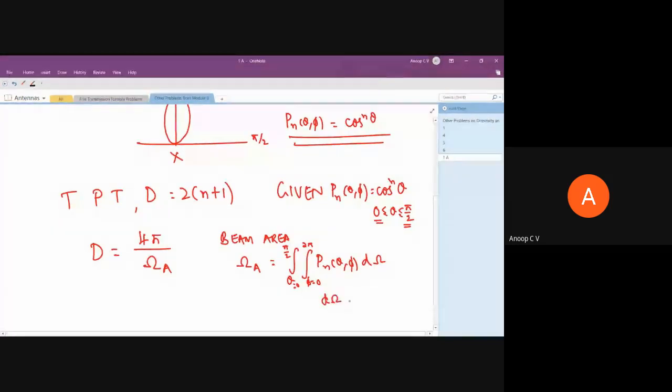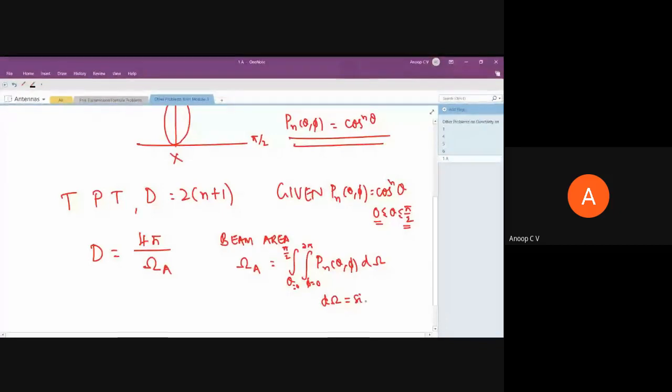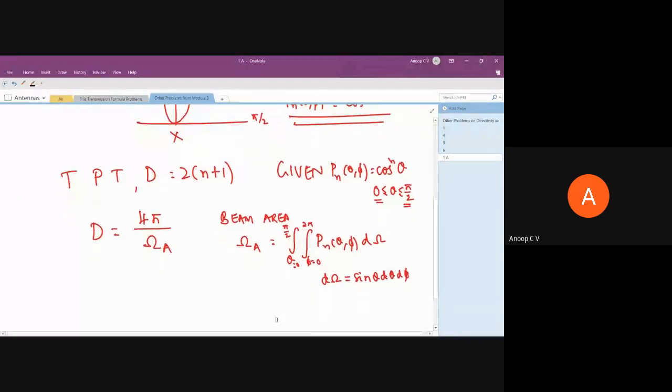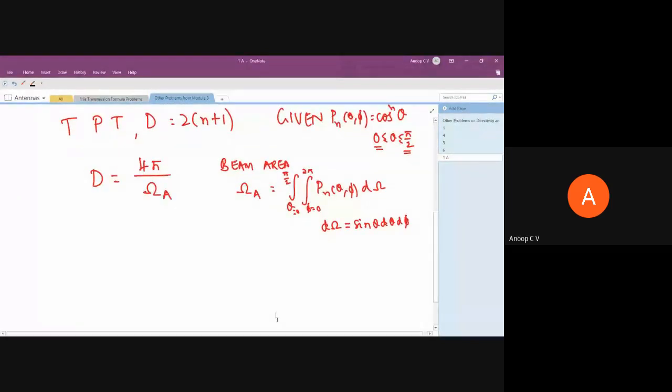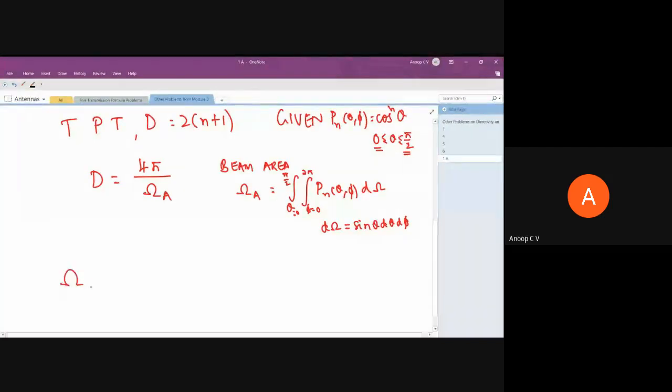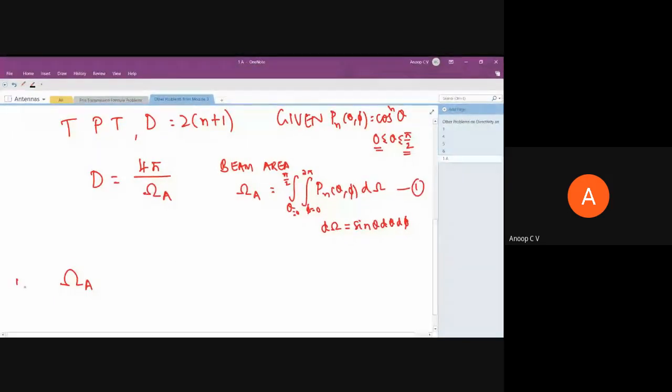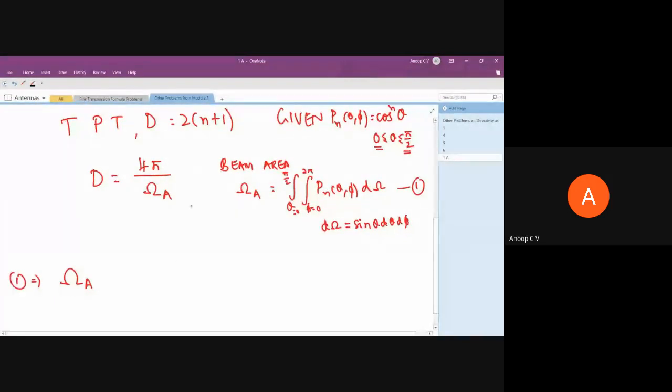And d omega is the differential solid angle, that is, the solid angle subtended by a differential surface area on a sphere. That will be equal to sine theta d theta d phi. This question was repeatedly asked, and most recently last year. So I can now find omega A from this equation, which is our equation number 1.